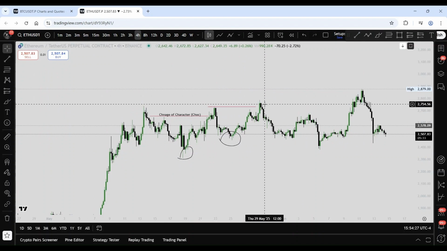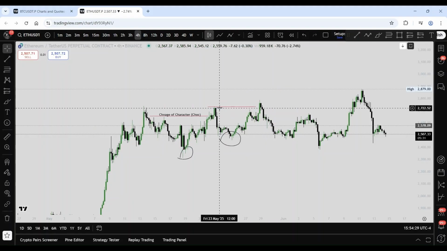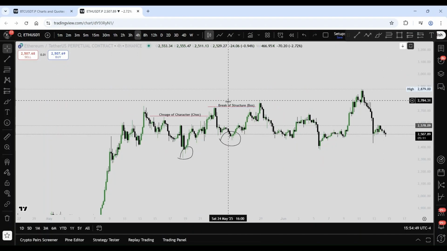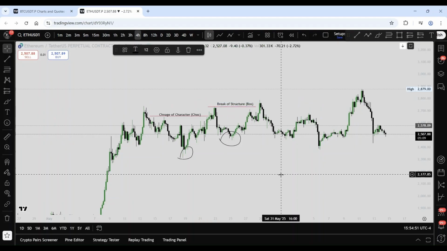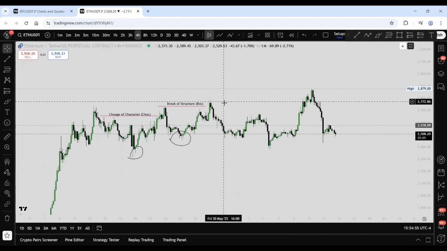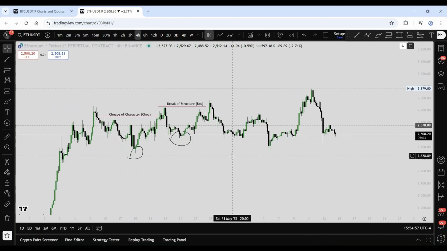As you can see, the 4-hour candle closed above the previous high. That's what the break of structure is. So now we've got the change of character, we've got the break of structure, we've got a higher high, and now we're going to be looking for our entry.